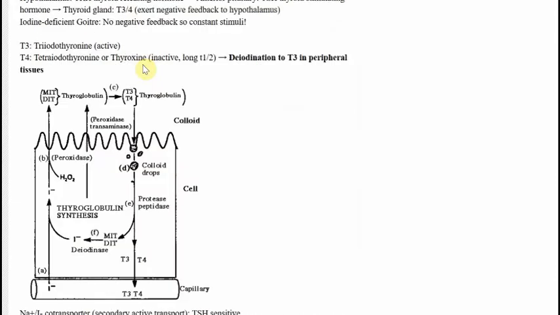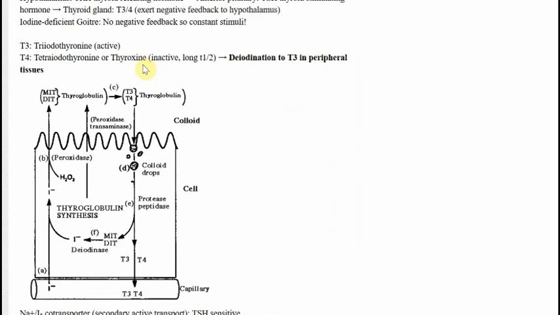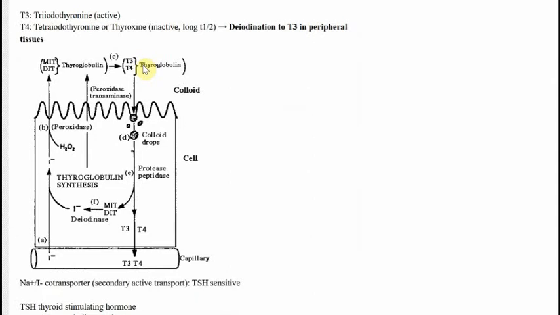Moving on, in terms of how the thyroid hormone is produced, the main thyroid hormone is T4 actually.